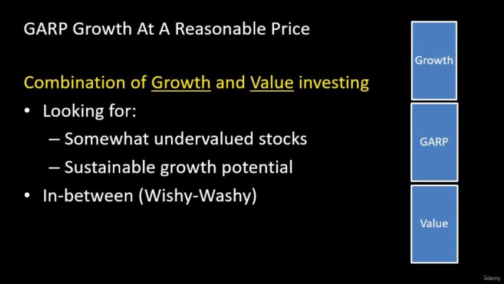With value investing, we're looking for bargains, where something has happened temporarily with the company and we're looking for a great value in a stock that might be undervalued. So it's a combination of looking for really undervalued stocks and, at the same time, a stock that has sustainable good growth potential. It's a nice combination of the two styles.